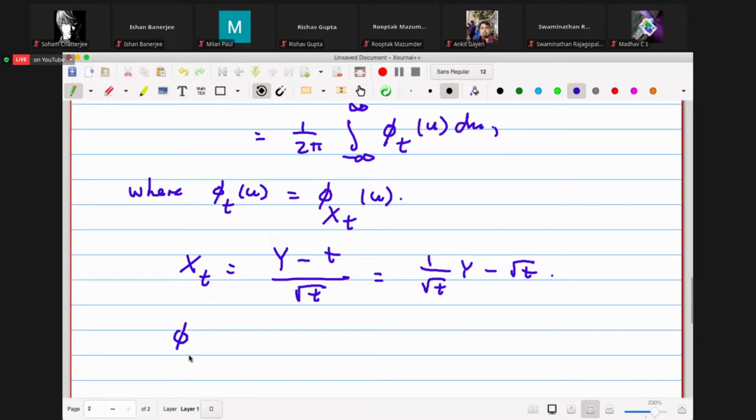So phi t of u is equal to, okay, this constant will become e power minus i u square root of t, and then there is a scaling factor. So phi of y, u by square root of t, I suppose. I'll just write it and then translate that.